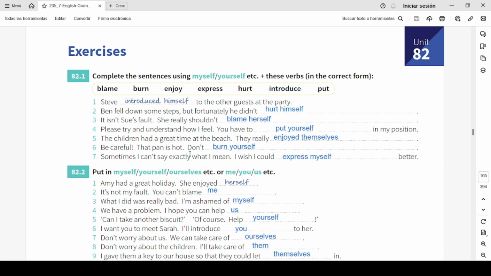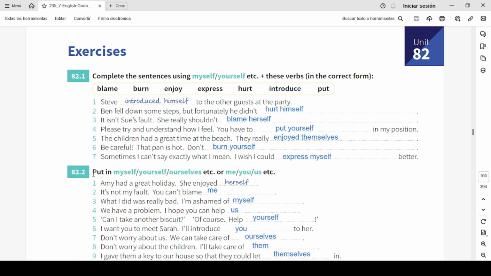Don't burn yourself. That's why it's yourself. Maybe it's implicit because in the sentence the pronoun you is not present, but it's implicit.